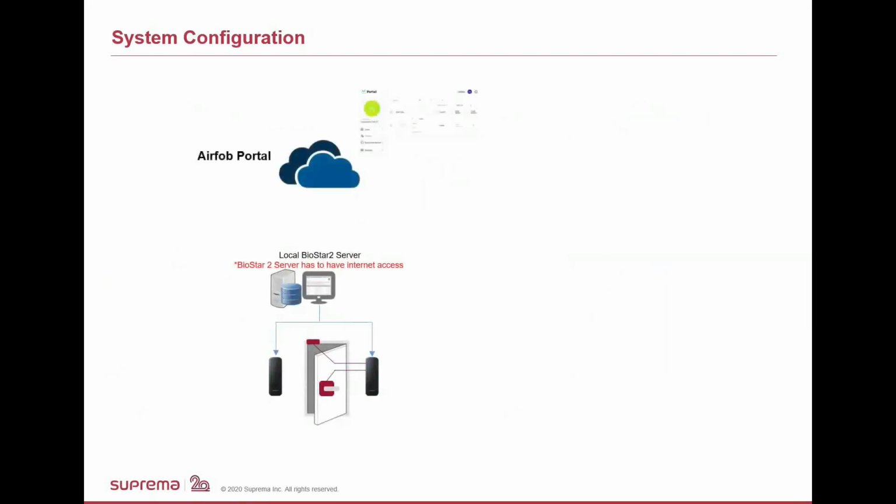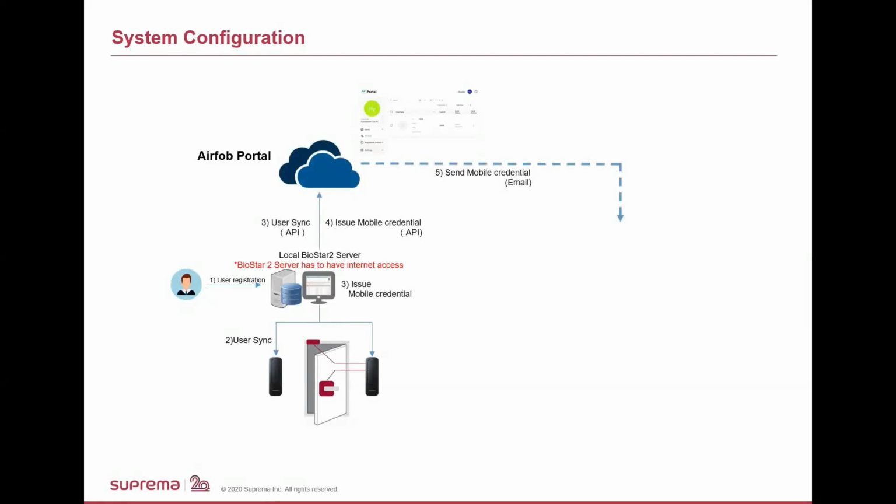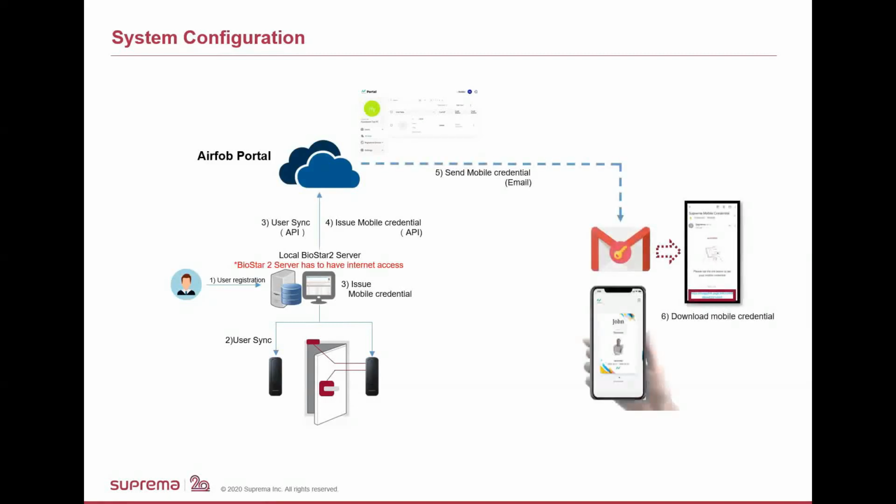If we look at the entire system, there will be BioStar 2 locally, and an internet connection will be required to communicate with the AirFob portal. And of course, the AirFob portal will be on the cloud. Basically, you can do user management separately from the cloud side, but since BioStar 2 is integrated with the AirFob portal from version 2.7.12, you can do it from BioStar 2.